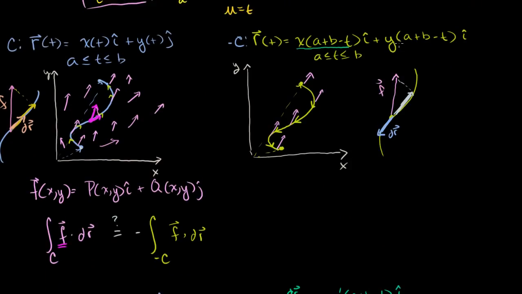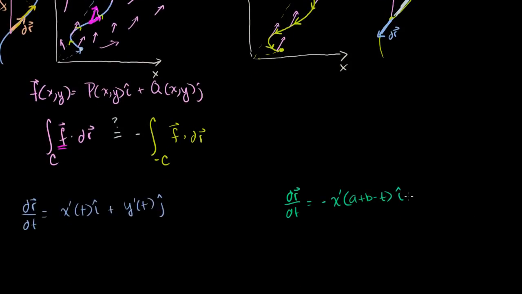The derivative of y of this term is the derivative of the inside, which is minus 1, times the derivative of the outside with respect to the inside, which is y prime of a plus b minus t, times j. So this is dr/dt in this case, this is dr/dt in that case.